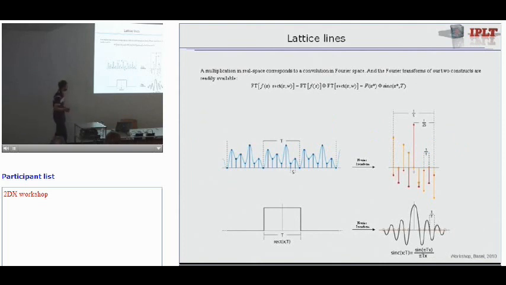So this means if you work in Fourier space, you can go to the Fourier space representation of these two, and then just convolute them. So this was also already said in the morning. You have here a sinc function, sin x over x. And here, these are basically discrete spots you have in real space. You also get some set of discrete spots, now in red and yellow, a real and imaginary part, or you can also express it as an amplitude and a phase.